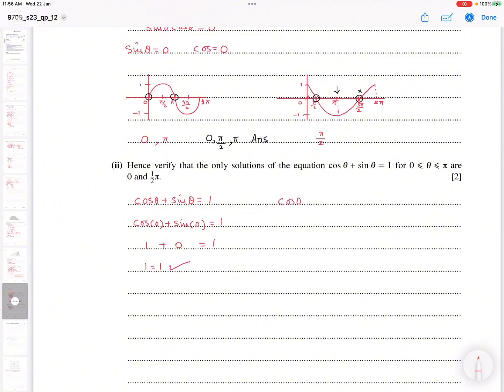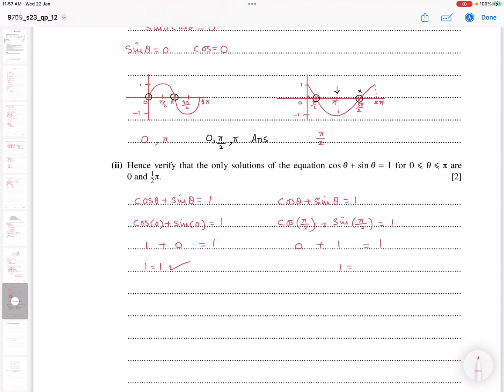And now again cos theta plus sin theta is equal to 1. Now write pi by 2: cos pi by 2 plus sine pi by 2. So cos pi by 2 is 0 and sine pi by 2 is 1.